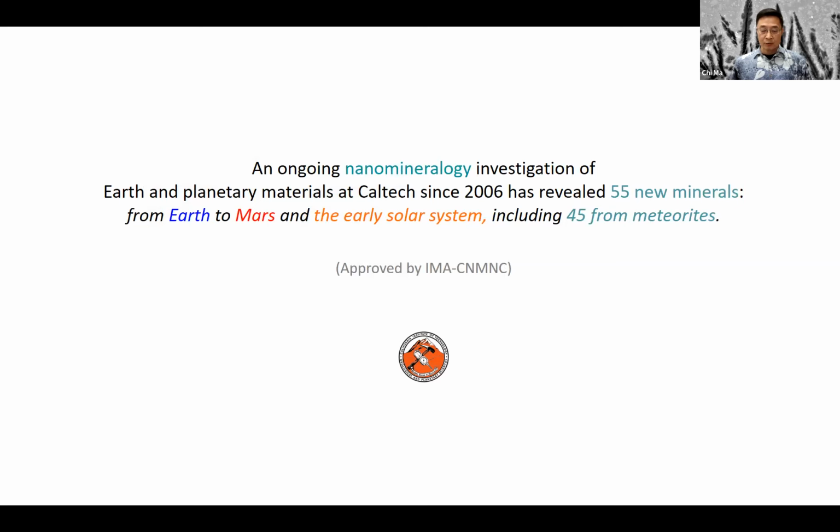Our ongoing nanomineralogy investigation of Earth and planetary materials at Caltech since 2006 has revealed 55 new minerals from Earth to Mars and the early solar system, including 45 new minerals from meteorites.